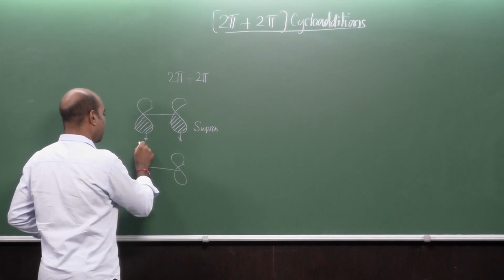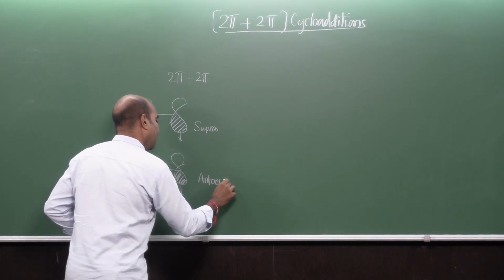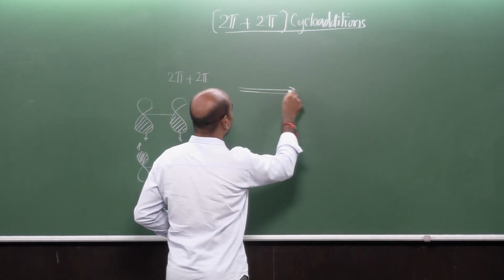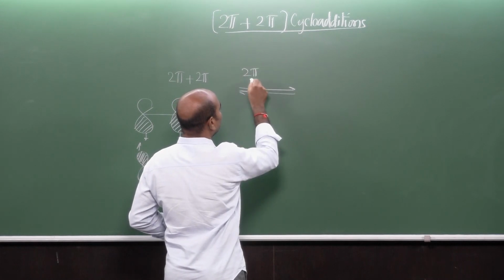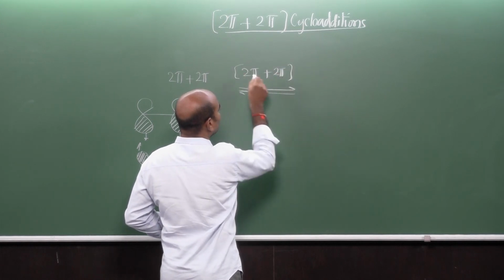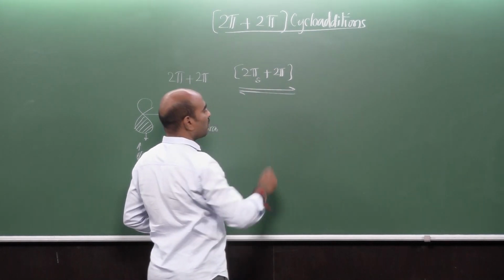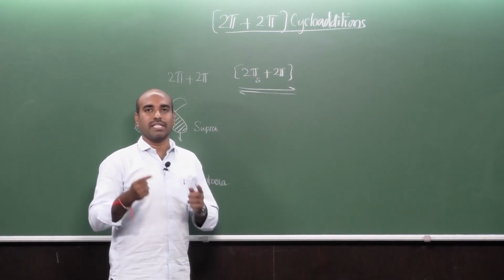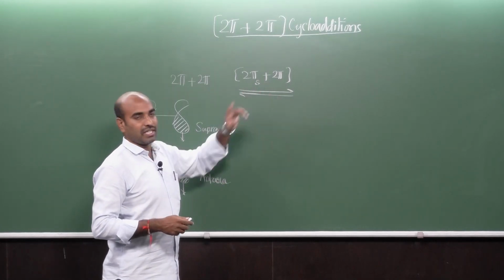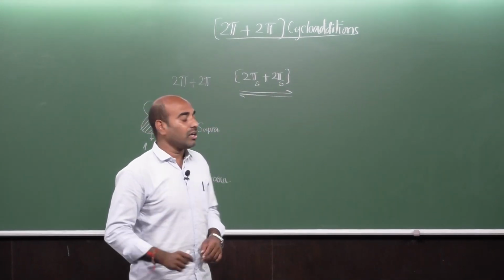If an unsaturated system is using different phases, then it is an antarafacial partner. To describe cycloaddition reactions, on the arrow you have to mention the number of pi electrons involved plus the number of pi electrons in the second partner, and also mention whether each partner is a supra or an antara partner.